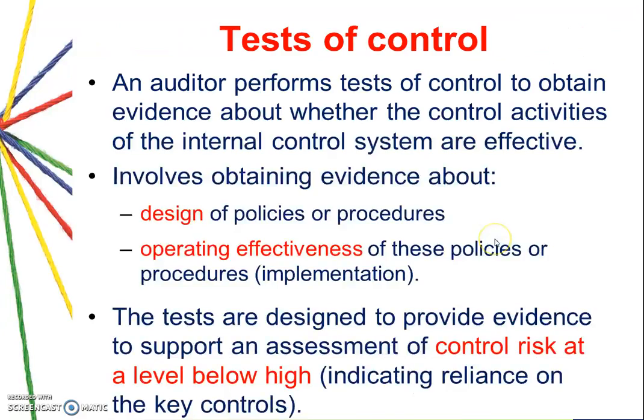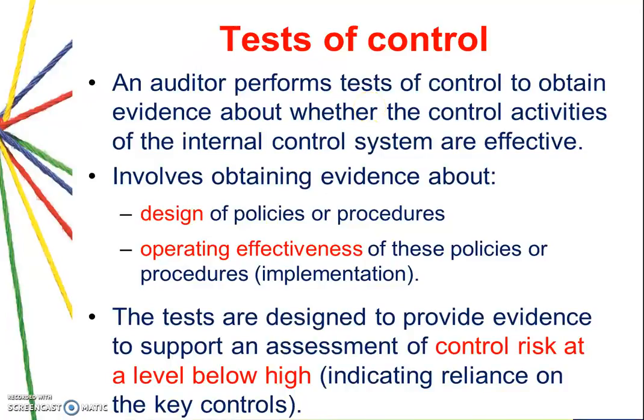Now, the test of control, which we look at in more detail in chapter 8, but basically the auditor performs test of control to obtain evidence. All the tests here are to obtain sufficient and appropriate evidence. That's the purpose, the motivation.